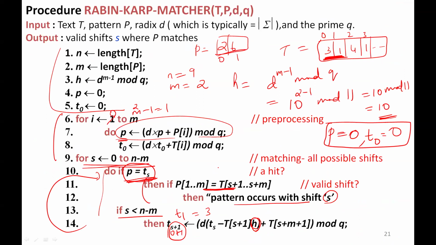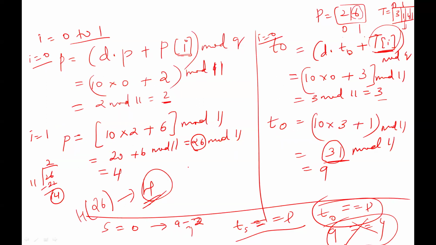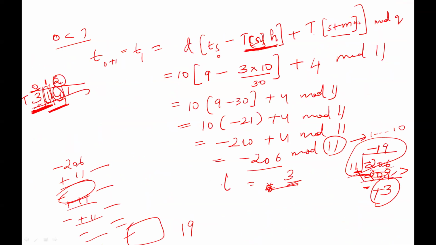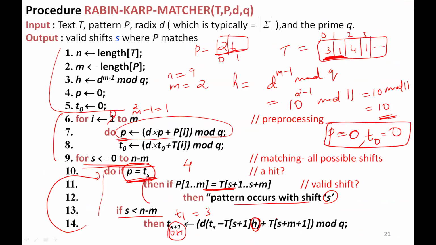The P value was 4, right? And the current T of S value, T of S means here T1, right? So T1 is equal to 3. So are they both equal? One of them is 4 and the other one is 3. Are they equal? No. So we cannot go inside this loop again.